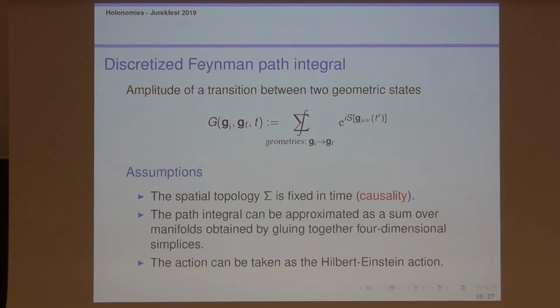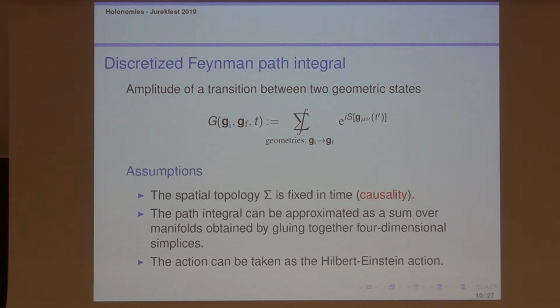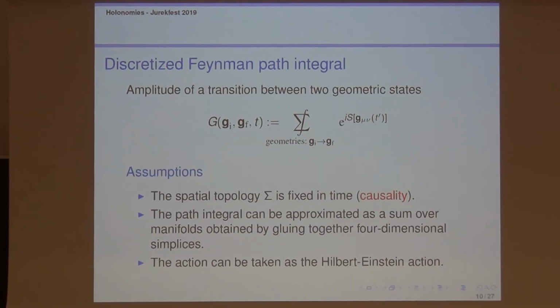In this way, we try to calculate something analogous to the Feynman path integral, which is the amplitude to transform a state with initial geometry to a state with a final geometry. And the problem is how to calculate this kind of object.